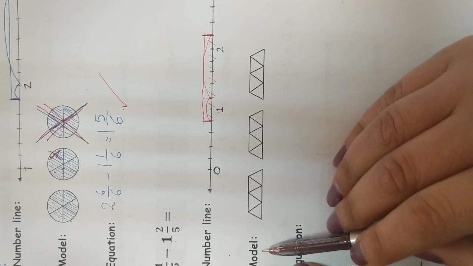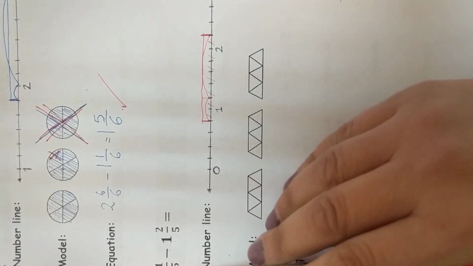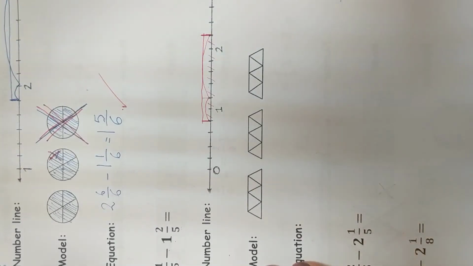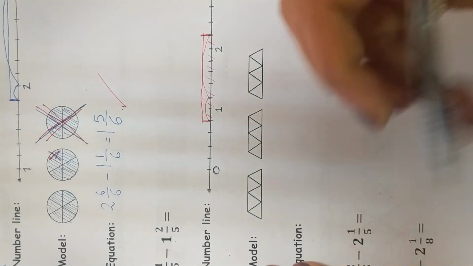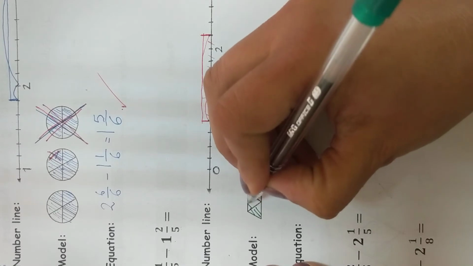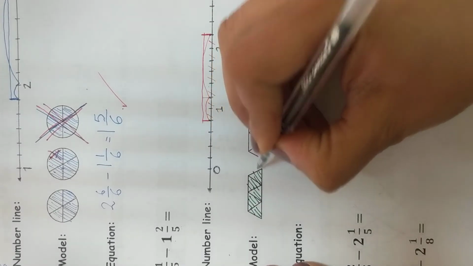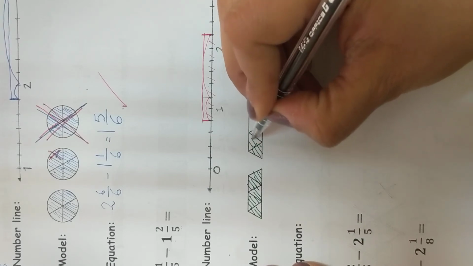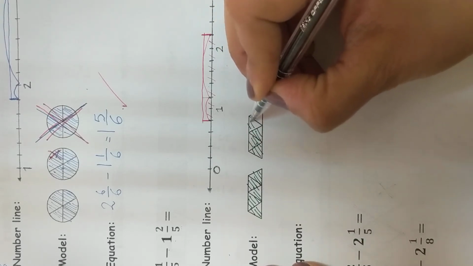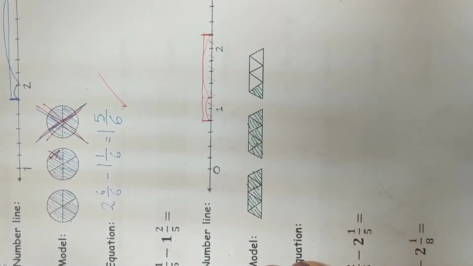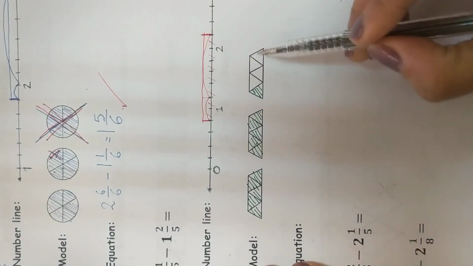Now, according to the model, we're going to shade 2 and 1 over 5. Let's shade the whole 2 and only 1 over 5, 1 from the 5 parts here.